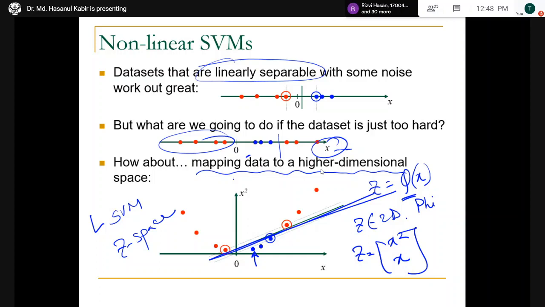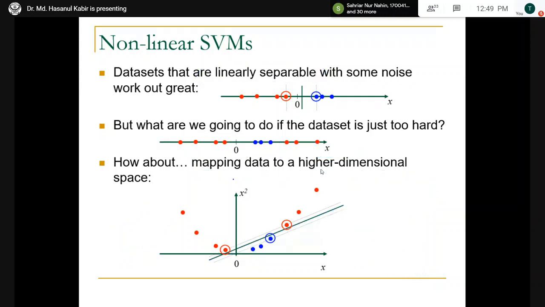Okay, let me make it easy for you. This line and the samples, once I move to the Z space, it has become an arc like that, right? Yes. And then once you have found this decision boundary, if I draw with the black line over here, the black line is the decision boundary.